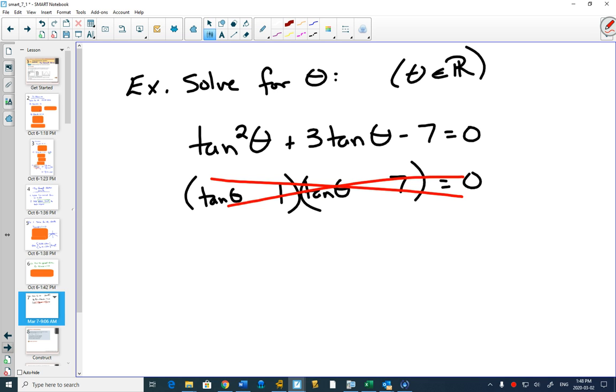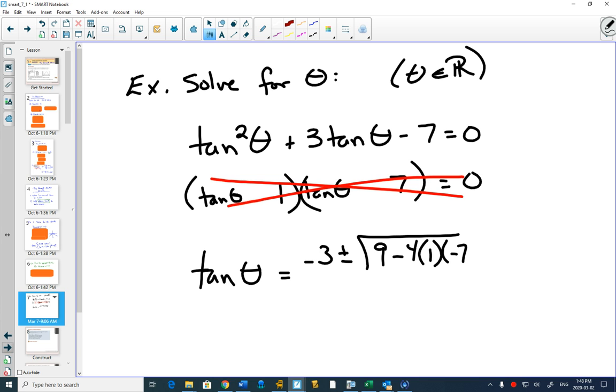So what does it mean when you can't factor? You have to use the quadratic formula. It's on your formula sheet. On your formula sheet, it's x equals, in this case, tan theta equals negative b plus or minus the square root of b squared minus 4ac, where a is 1, c is negative 7, over 2a.